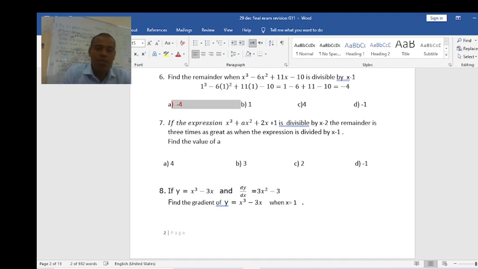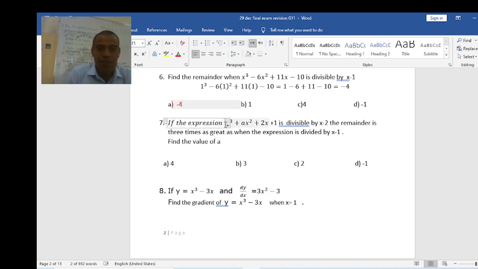If the expression x cubed plus ax squared plus 2x plus 1 is divisible by x minus 2, and the remainder is 3 times as great as when the expression is divided by x minus 1. Means what?